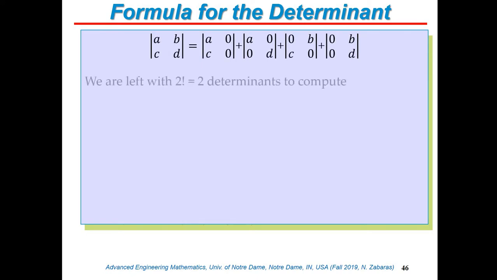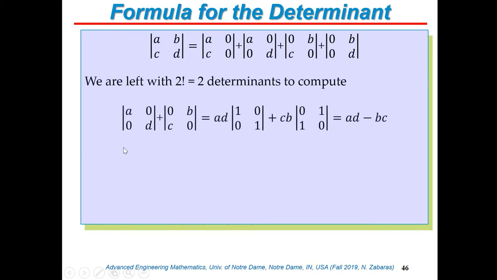So what I can do is, on the first determinant, if I move A out using one of the fundamental rules, I think it was rule 3A from determinants, and I can move D out. So I have AD times the identity matrix.